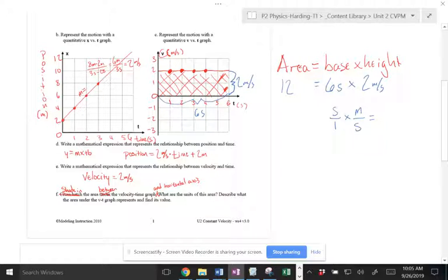Does that cancel or does that not cancel? If I took 4/1 times 8/4, what is that going to be? It's 8/1. Okay, those are going to cancel. So those are going to cancel. So I've got meters over 1, but nobody but math teachers writes meters over 1.